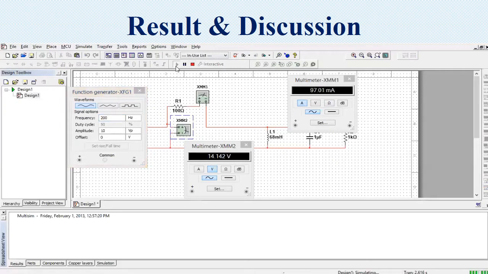You can see my current is moving towards the down position. I will increase the frequency to something like 400 to analyze the results. You can see my current is decreasing further.